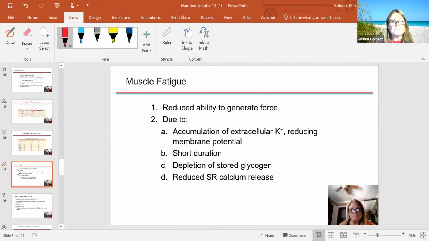So some of the reasons for muscle fatigue: you are accumulating too much extracellular potassium. When some athletes stop and eat a banana or half a banana, I've seen it a lot in tennis players, in their little changeovers, they just eat very fast, two or three bites of a banana. Banana has a lot of potassium, right?